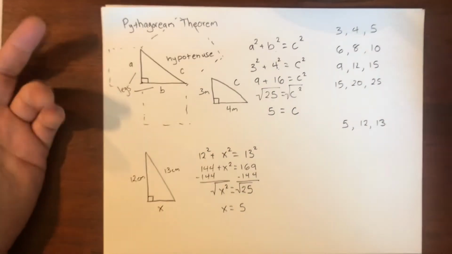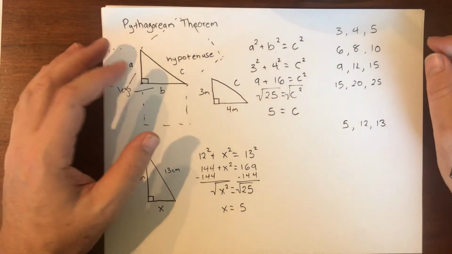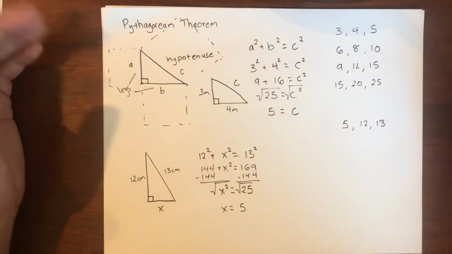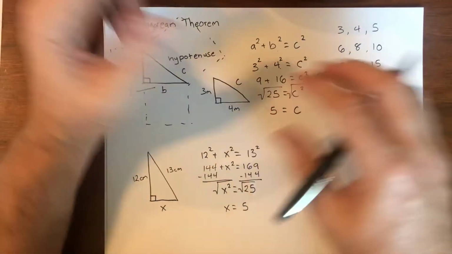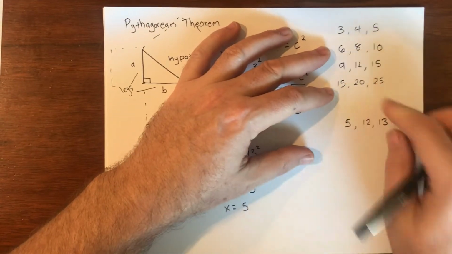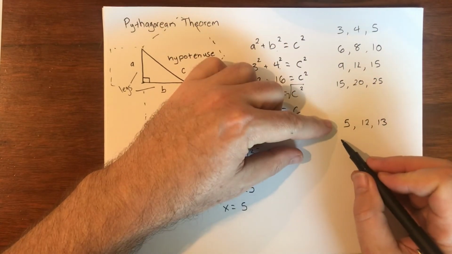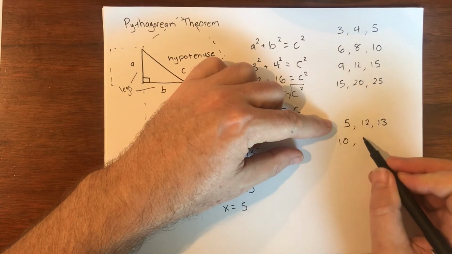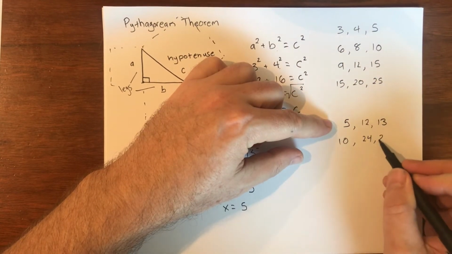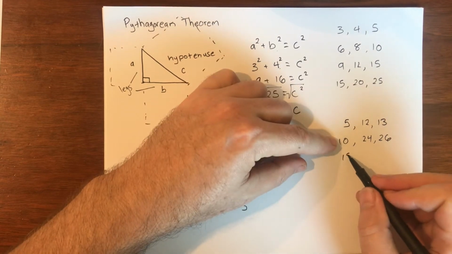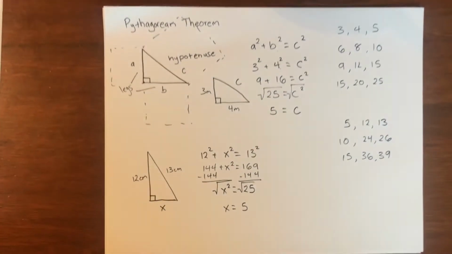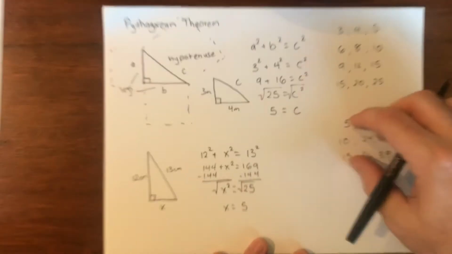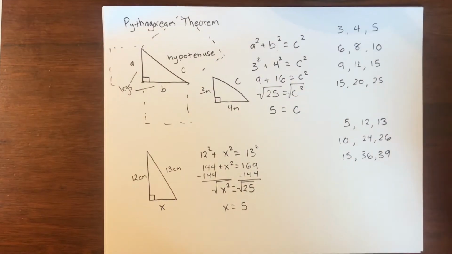You know, we're in the 20s and 30s and not looking at things in the 50s and the 60s. Those are bigger numbers and harder sometimes for kids to do. So you see these are within a reasonable range. So its scale factor of 2 would be 10, 24, and 26. And you may see a 15, 36, 39, but nothing much larger than that. This one, very, very used.